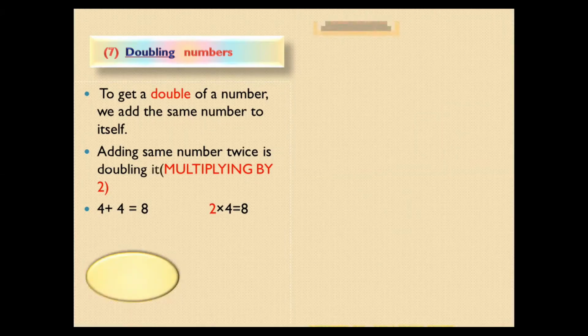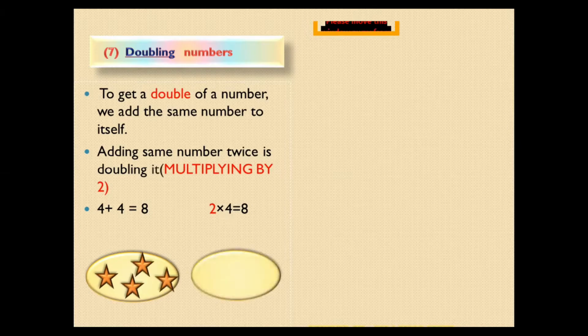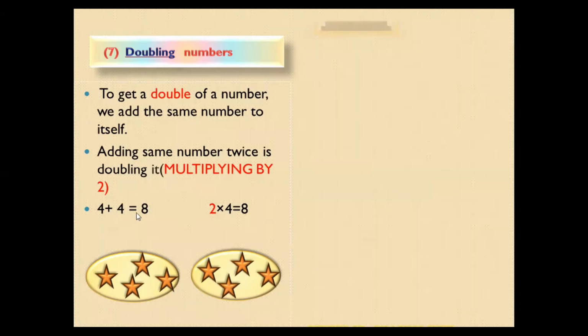We can draw two groups of 4 to represent the multiplication. The first group has 4 and the second group also has 4. So we have 4 plus 4, which equals 8, or we can represent the addition sentence with multiplication. We count how many groups we have: 2 groups.